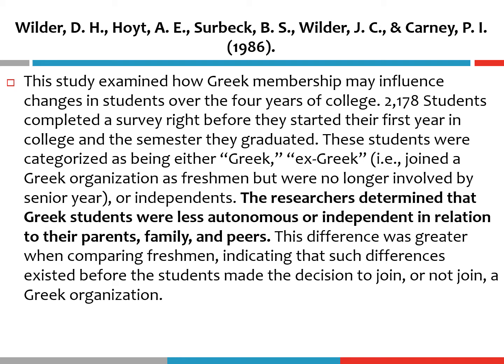And this difference was greater when comparing freshmen, okay, which suggests that these differences existed before the students made the decision to join a Greek organization, right? So again, a fundamental difference between individuals who join Greek organizations and those who don't tends to be that they're less independent.